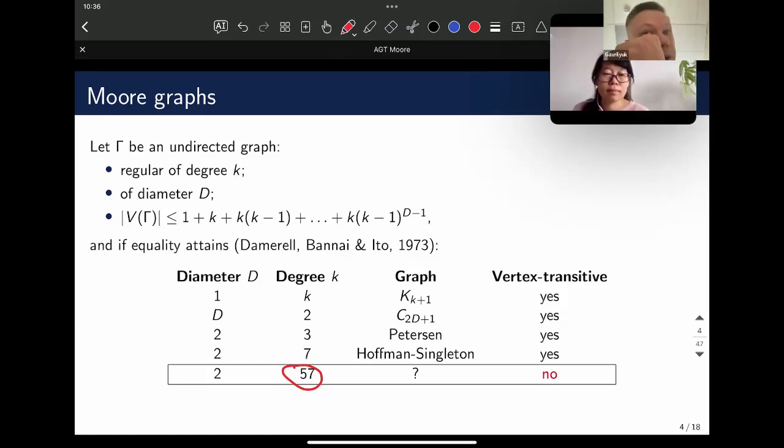In particular, it was shown by Aschbacher that such a putative graph, a Moore graph of valency 57, cannot be a rank 3 graph, and it was shown by Higman that it cannot be vertex transitive. And I will come back to these Higman's results a bit later today.